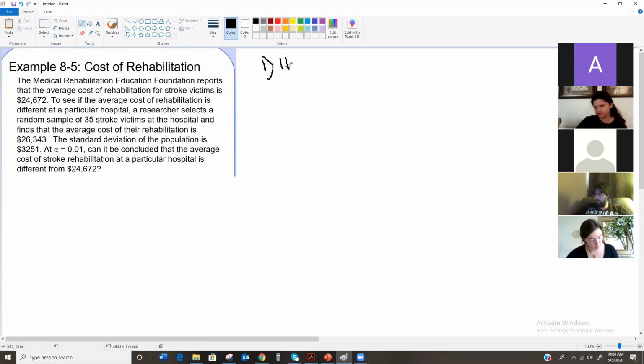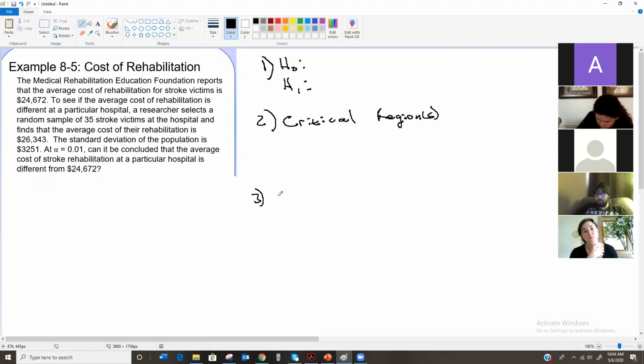The first step is the null hypothesis and the alternative hypothesis. The second step is find your critical region or regions. And then the third step is test. And then the fourth step is find your test value. And then the last step is decision.